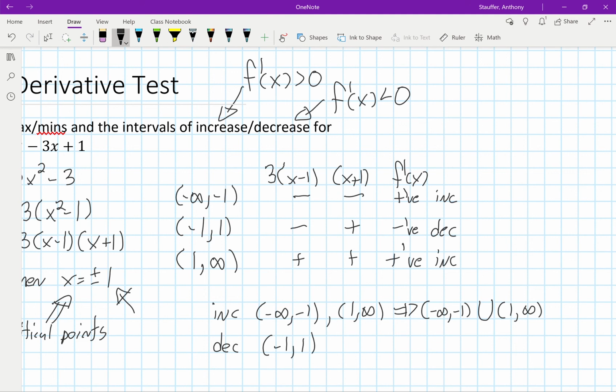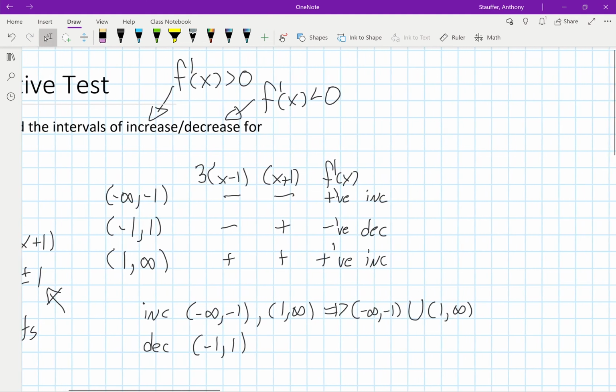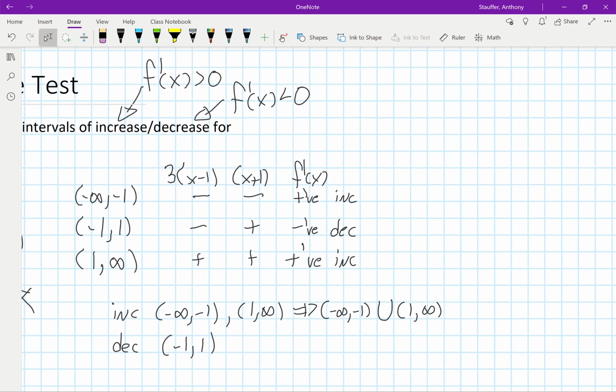Now we haven't completely answered this question. I'm still missing where I want to find all the maximums and the minimums. If we look at this right here, we get that our function is increasing, then decreasing, then increasing. Now, this is not necessarily what the function looks like. I'm just drawing this out to show what's going on.